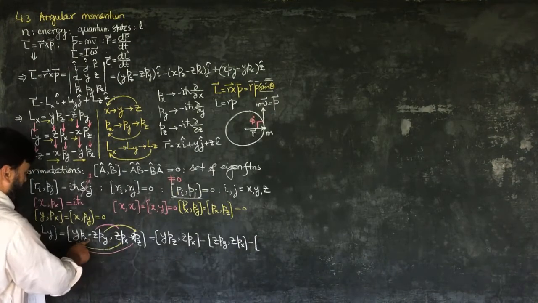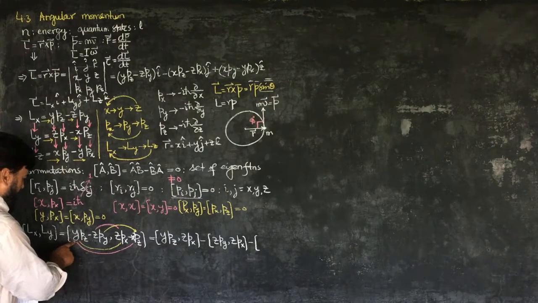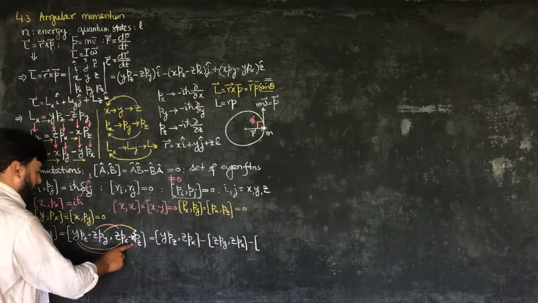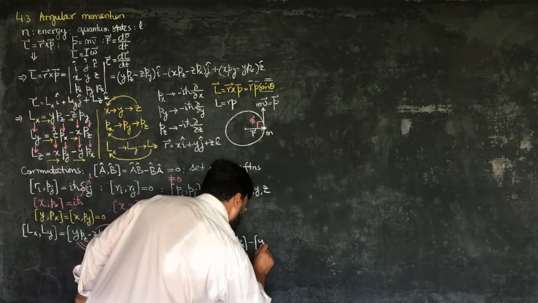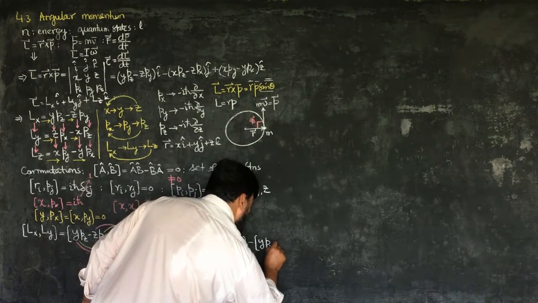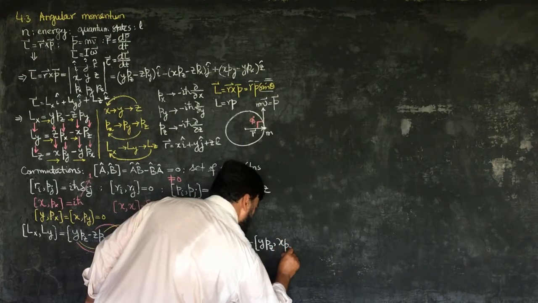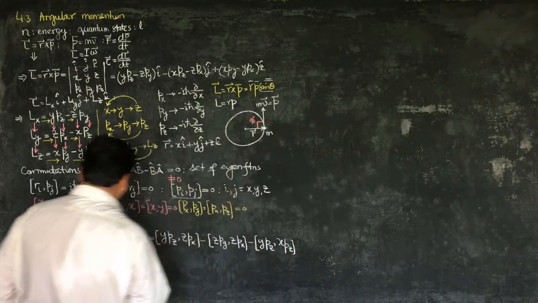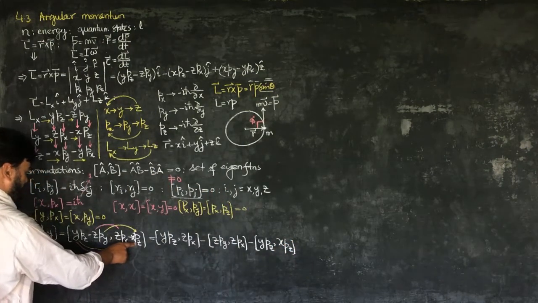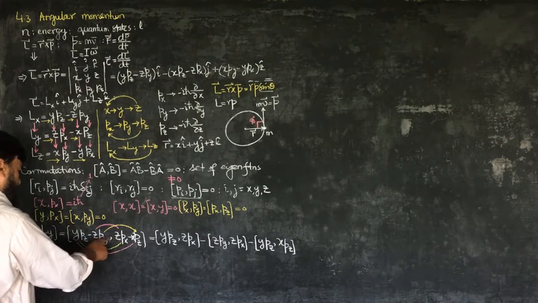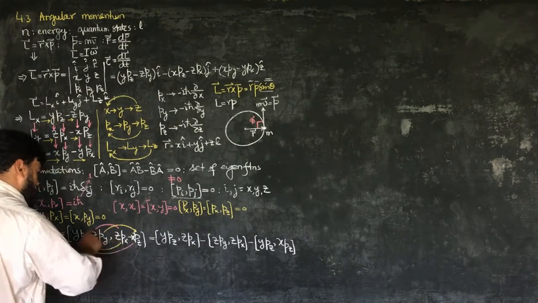and here this is ypz with xpz, and then minus sign is here and minus is here.